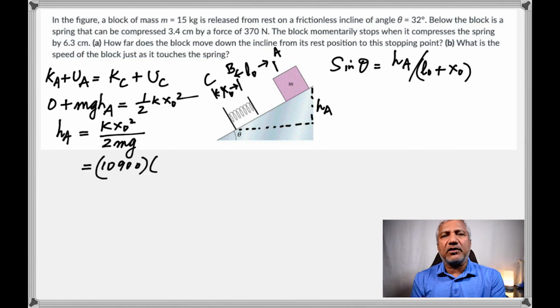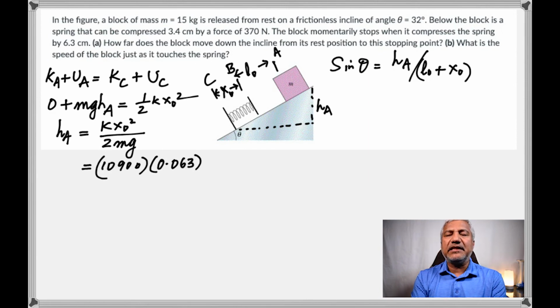Now, what is spring constant? Spring constant is the force required to compress it by 1 meter. So using 370 and 3.4, after changing 3.4 into meter, it will become 0.034. You divide 370 by 0.034, you will get the value of K. So that's why I have 10,900.